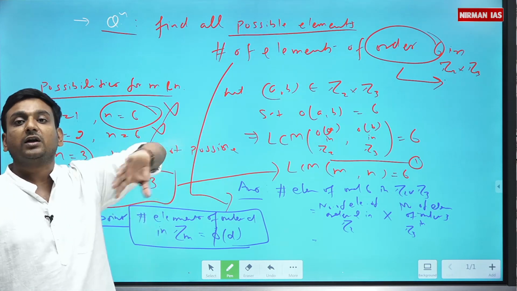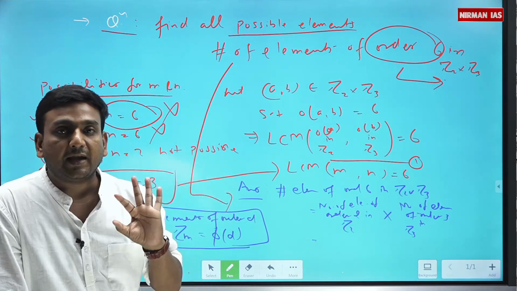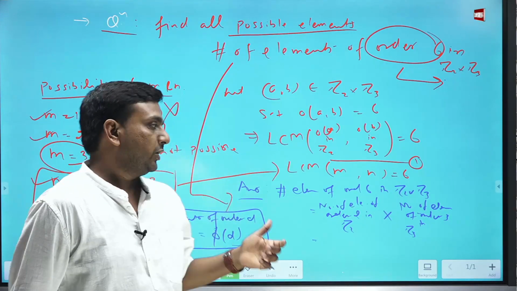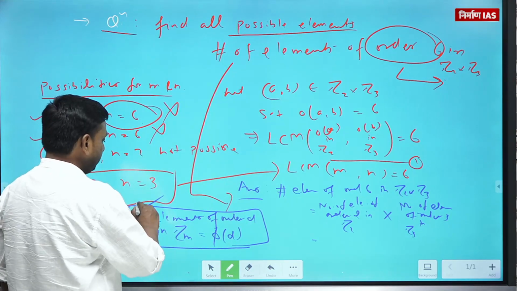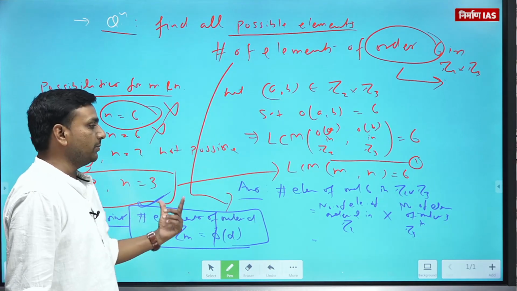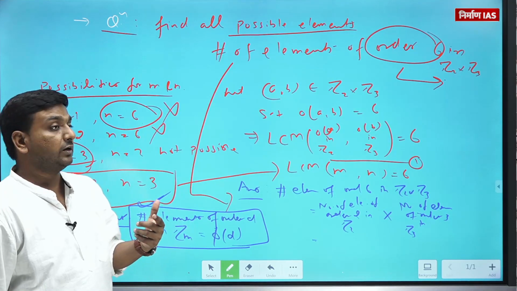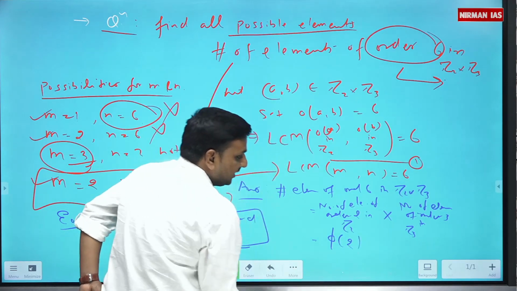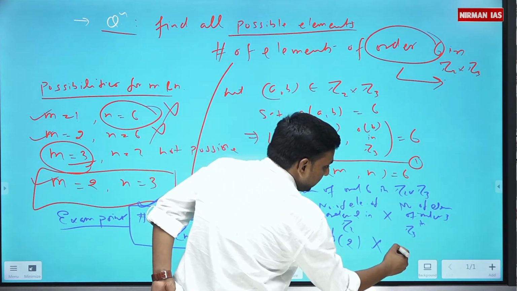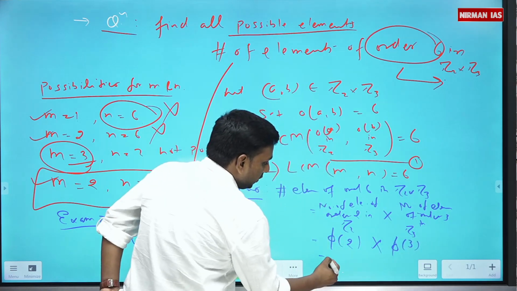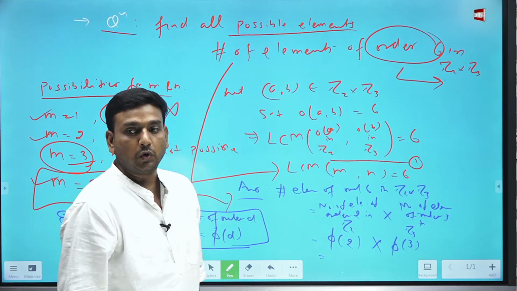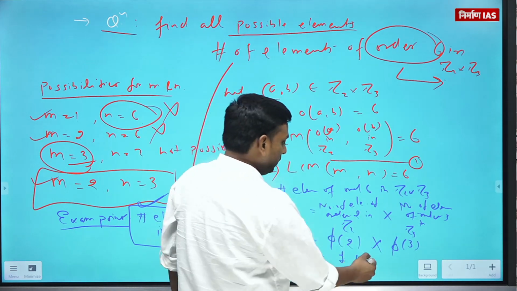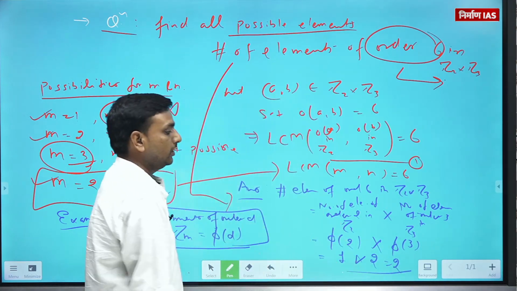So phi d is the number of relative primes to d. Clear? This also has a formula, Euler's formula, that we will also discuss. But here you need to remember this formula, and you can observe or prove it when you have the group Zm. So the element of order 2 in Z2 is phi 2, and the element of order 3 in Z3 is phi 3. The number of relative primes to 2 is 1 only, and the number of relative primes to 3 is 2. So your answer is 2.